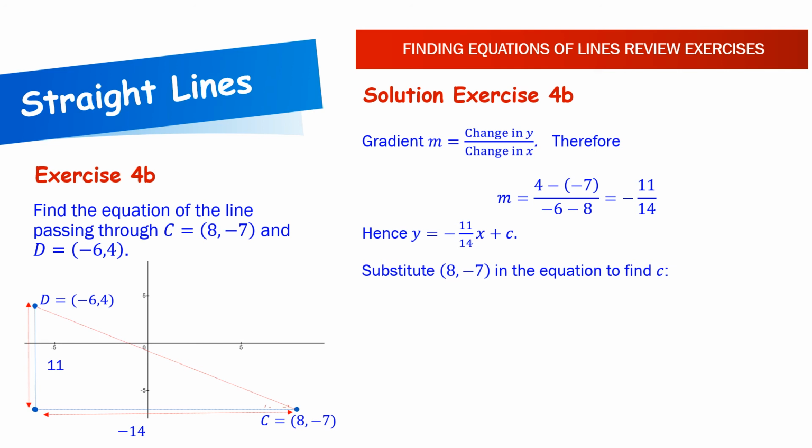Now let's substitute (8, -7) in the equation to find c. Substituting y equals minus 7. Minus 11 over 14 is the gradient. x equals 8. And here's c.